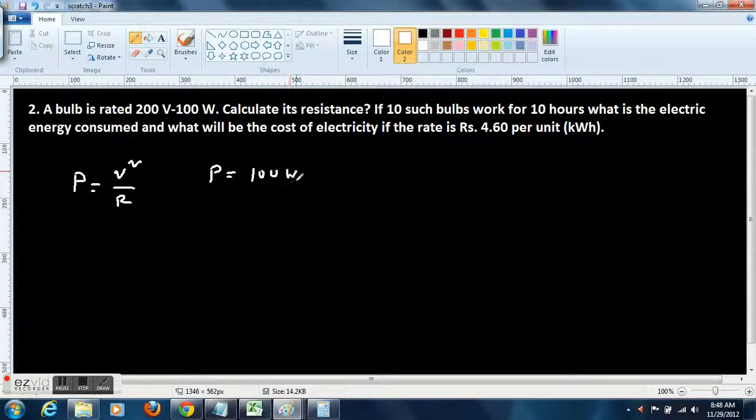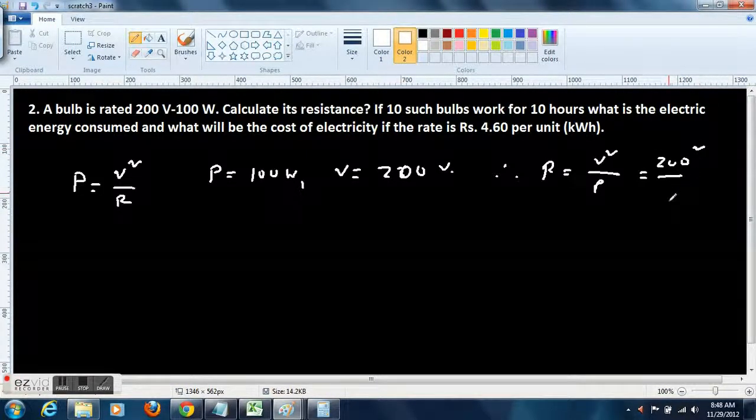To calculate the resistance we will use the formula P equal to V square upon R. Power of the bulb is 100 watt, the voltage is 200 volt. Therefore from the formula P equal to V square upon R, we get R equal to V square upon P, which is equal to 200 square upon 100, which is 2 into 200, which is 400 ohms.